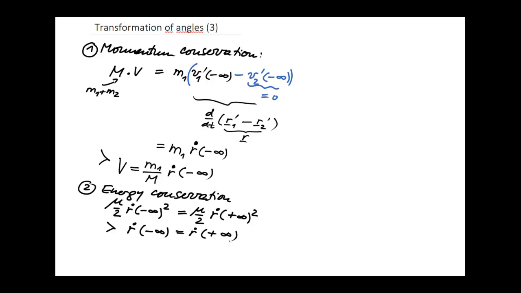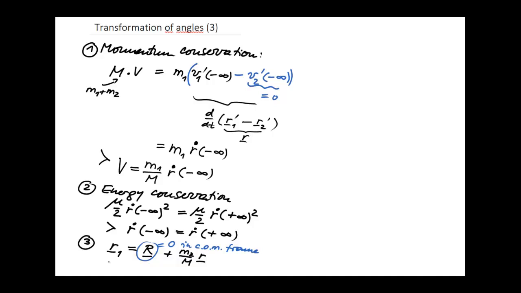And then finally, the position vector of the first body is given by the position of the center of mass, but this is equal to 0 in the center of mass frame, plus the ratio of m2 divided by the total mass times the distance vector little r.